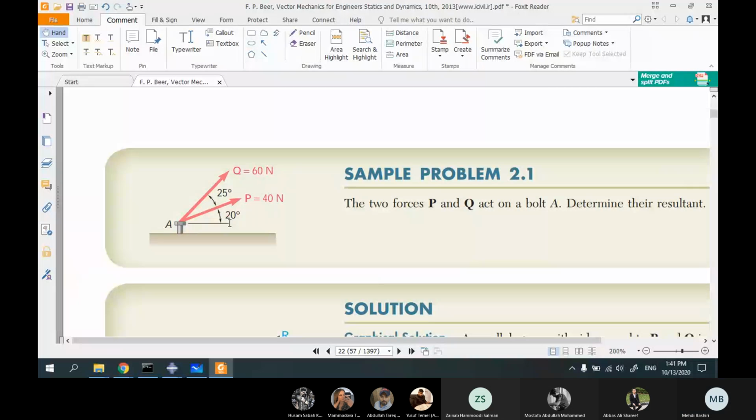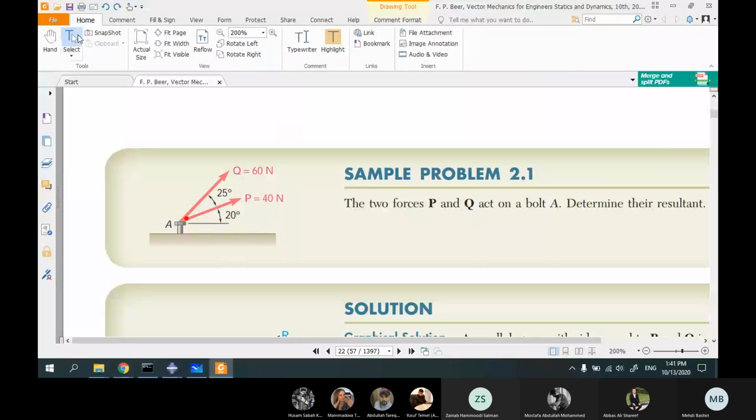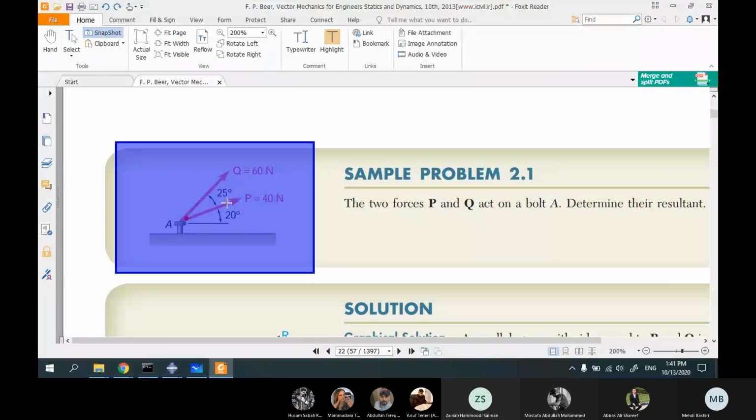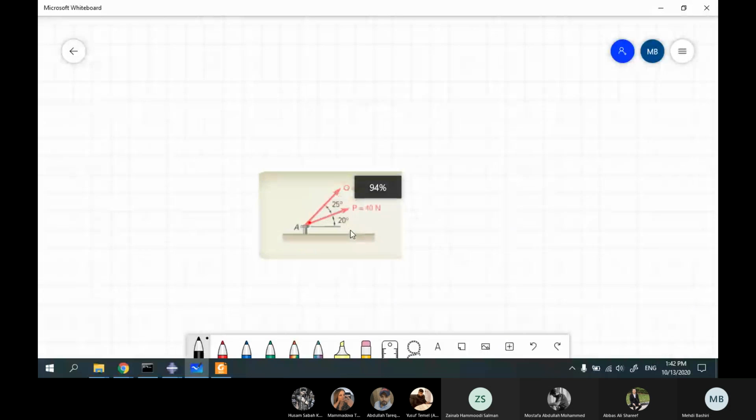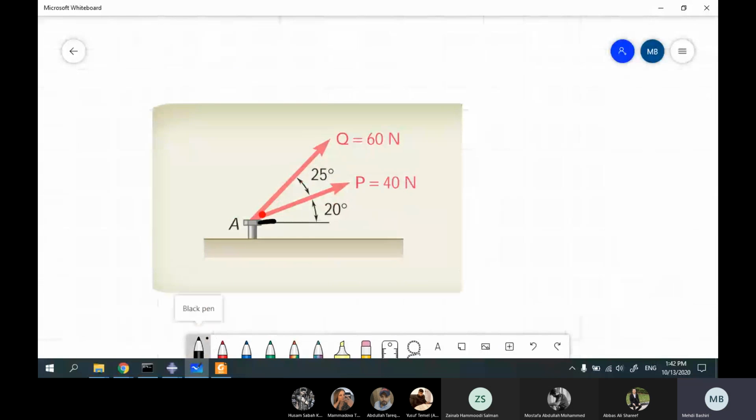And look here, the direction of the force P is this 20, and the direction of Q is 45.